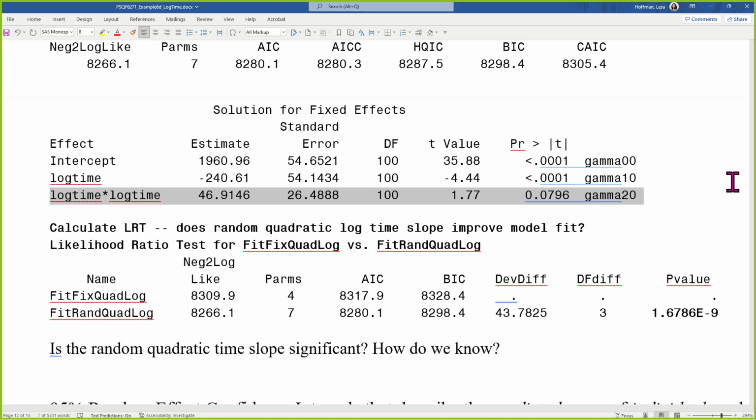This will happen to you, because anytime that you add a random part to a fixed part, the standard error is going to increase. The standard error for a fixed slope has the random slope variance in it in the numerator in addition to the residual, whereas it's only residual otherwise.